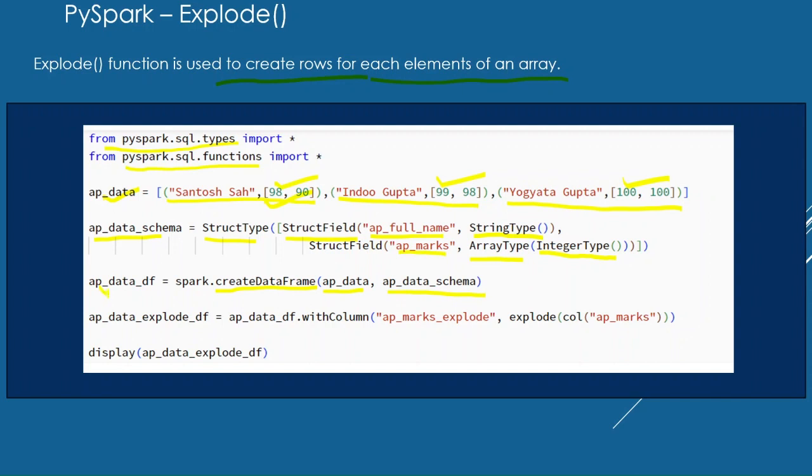When this data frame gets created, we are calling the withColumn function to create a new column. The name of the column is AP marks underscore explode, and here we are using the explode function. Which column are we exploding? We are exploding AP underscore marks.